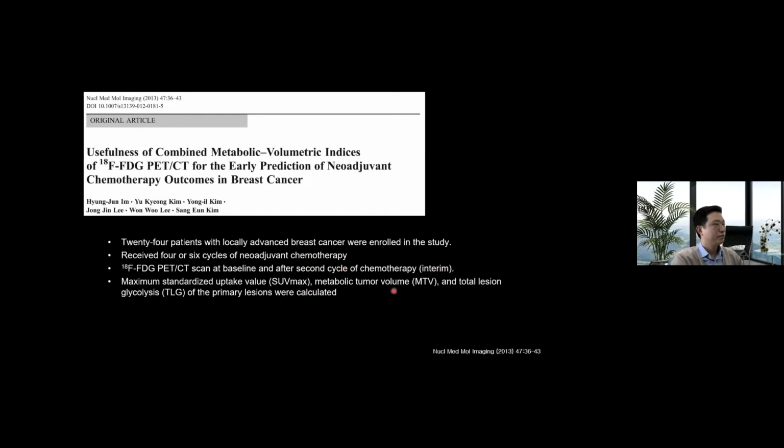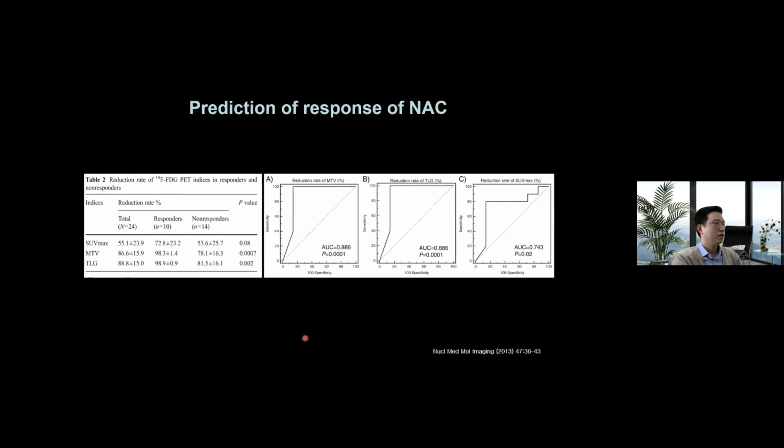And SUV max and MTV and TLG were measured for evaluation. So the percent reduction rate of those parameters were used for the analysis.